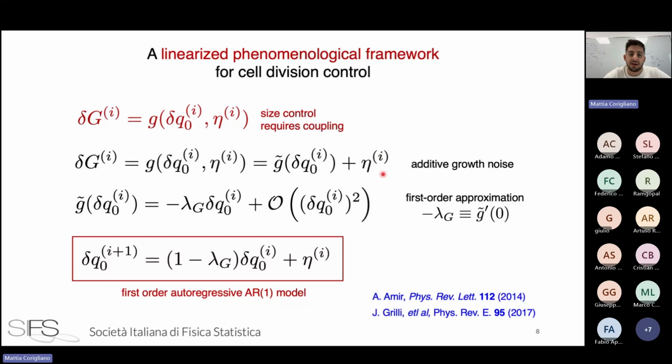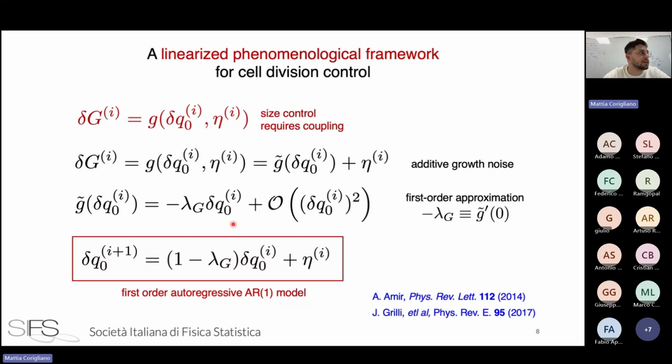This noise term might result, for example, from noise in either the growth rate or the doubling time. And then one Taylor expands this control function to first order, basically recapitulating all its complexity within a single control parameter, lambda g.